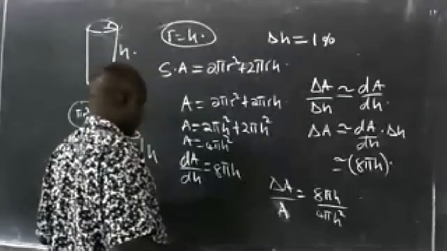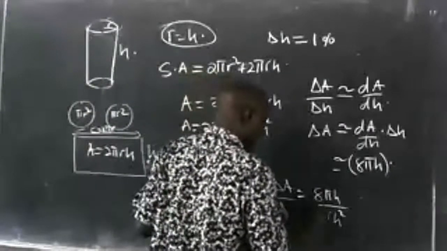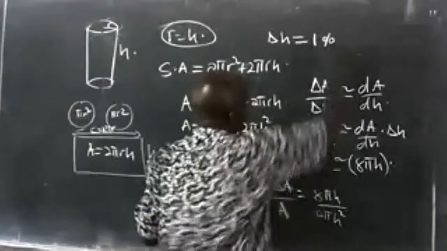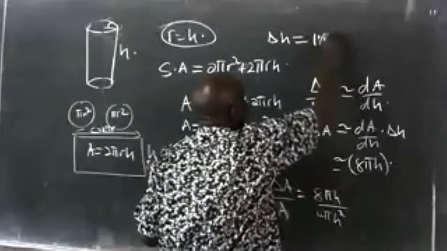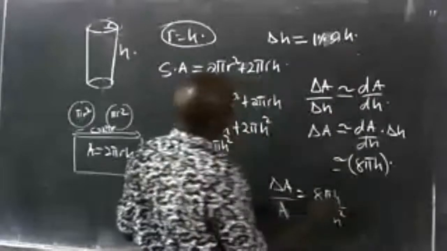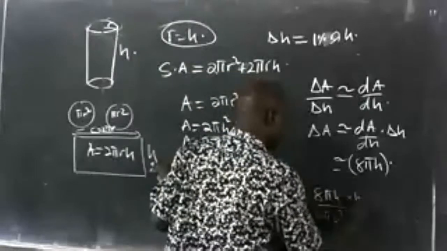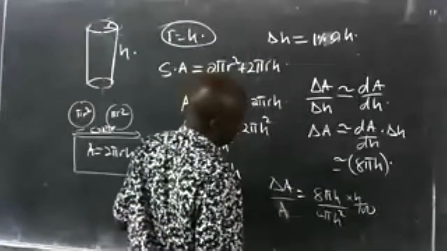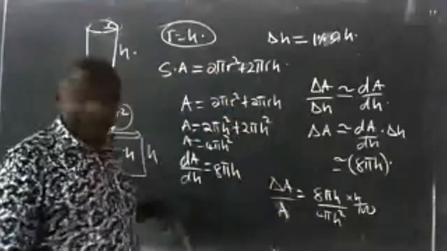Then the area was what? So we shall have this one, 1% of h. 1% of what? h is 1 over 100 times h, so h over 100, sorry, I forgot. Our delta h is h over 100.